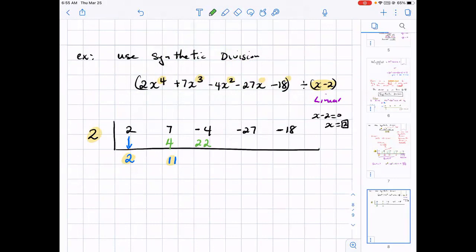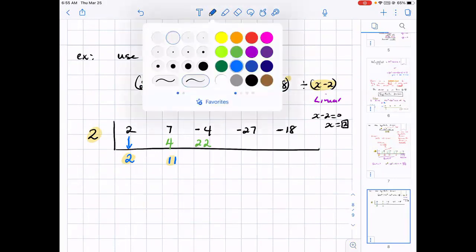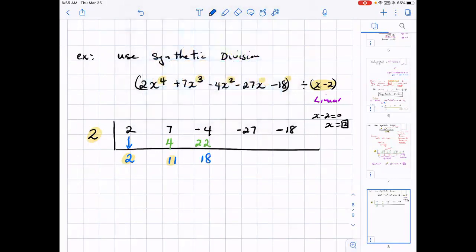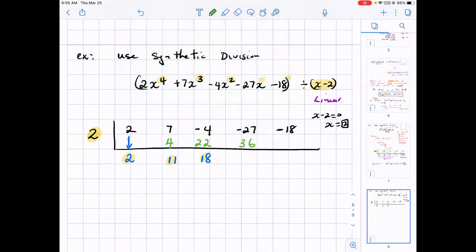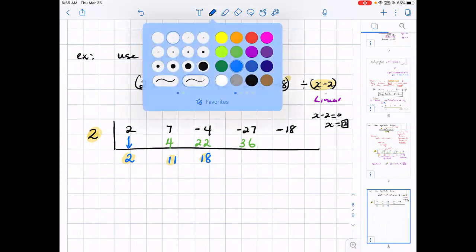And if we add, this now becomes 18. And then we multiply again, 18 times 2 becomes 36. And then we add negative 27 plus 36, that becomes 9.